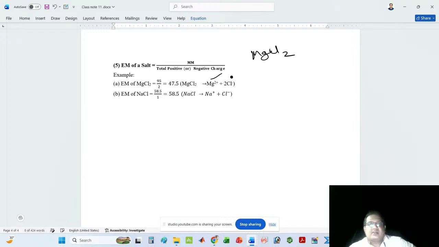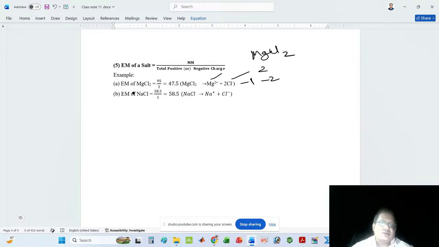Here the total positive charge is 2, because 2 plus is present on magnesium. The chloride ion carries the charge minus 1. Since 2 chloride ions are present, the total negative charge is minus 2. You can take either the total negative charge or the total positive charge, because in a salt the total positive charge must equal the total negative charge.